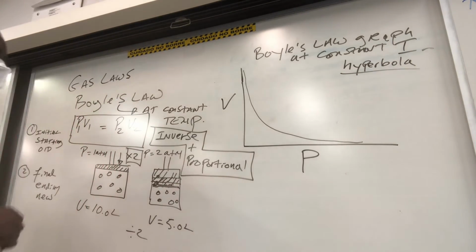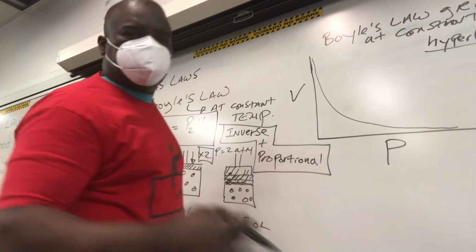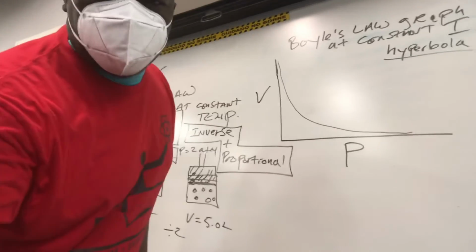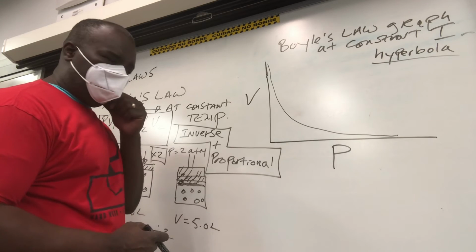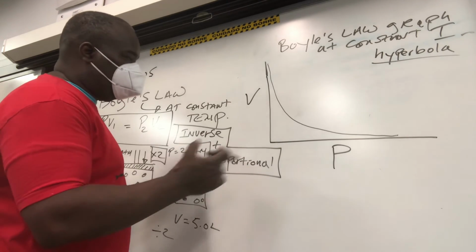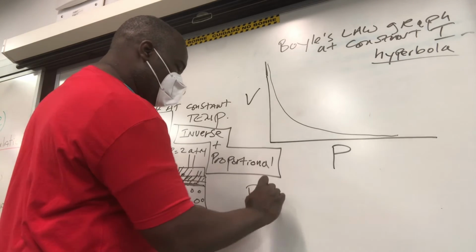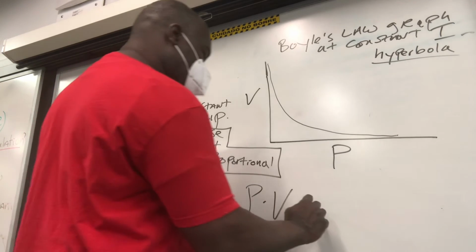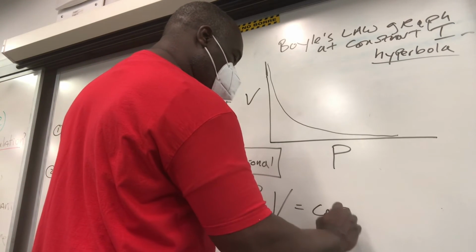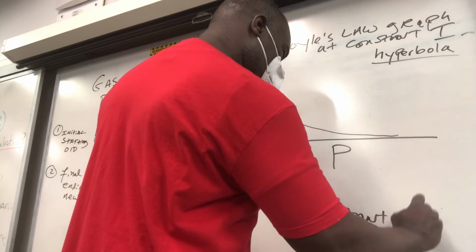No problem. And one last thing in our introduction to Boyle's law is that any time, let's say you're doing an experiment and you're taking data down in the experiment for Boyle's law, constant temperature experiment, you will see that the pressure times the volume will give you a relatively constant number.